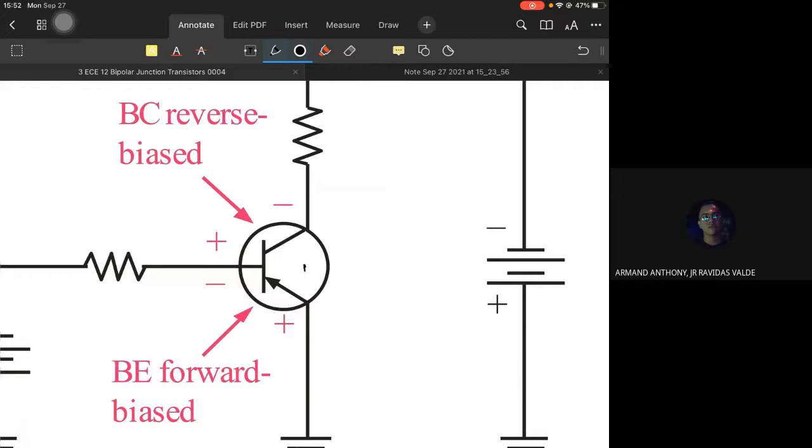PNP ni siya. Why? Because pasulod iyahang arrow. So kung asa ang arrow, mao na ang emitter. Kung asa ang horizontal line, mao na ang base. And yung collector.